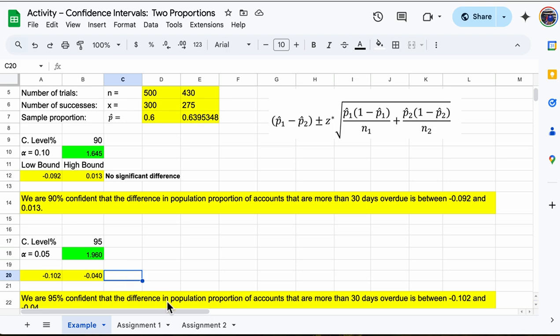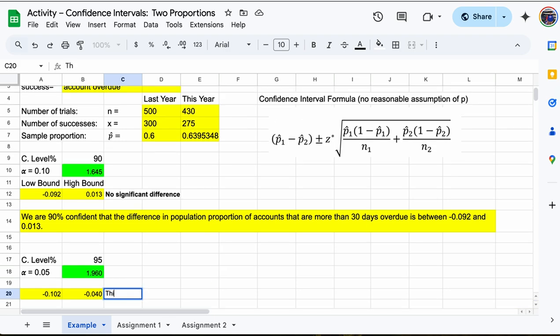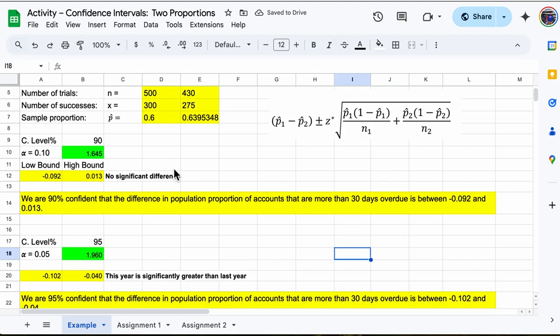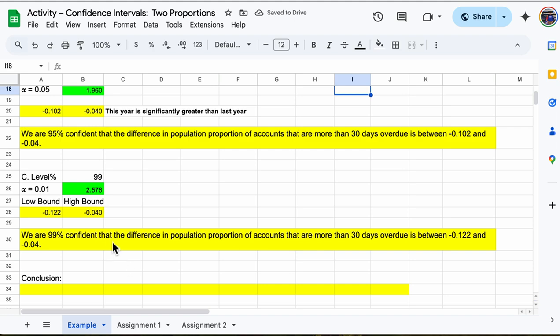So this year is significantly greater than last year. Or you could say last year is significantly less than this year. I'm just making these little notes here because we're going to have to write the final conclusion, and I like having these little bits and pieces. Same idea here.